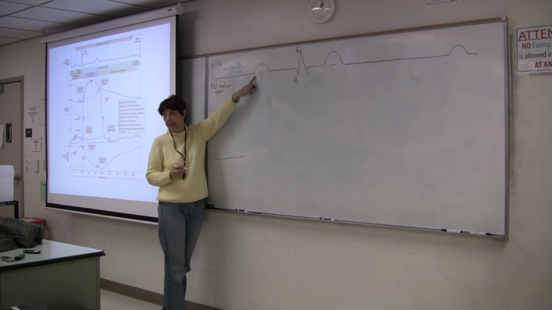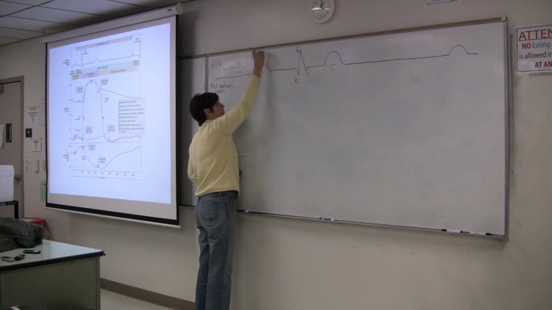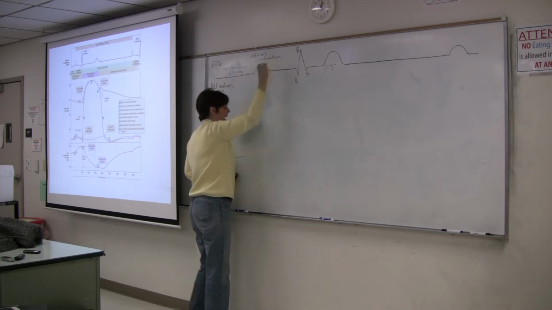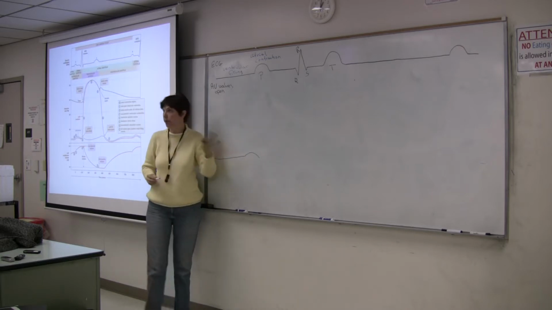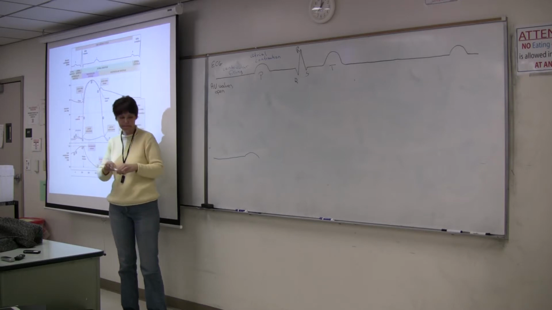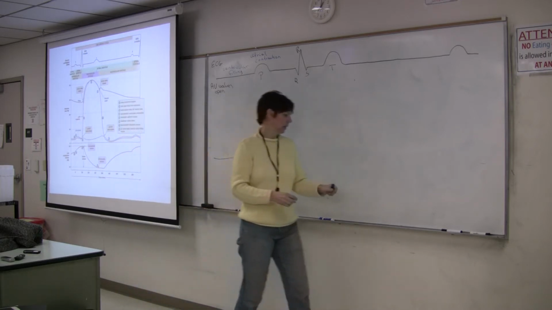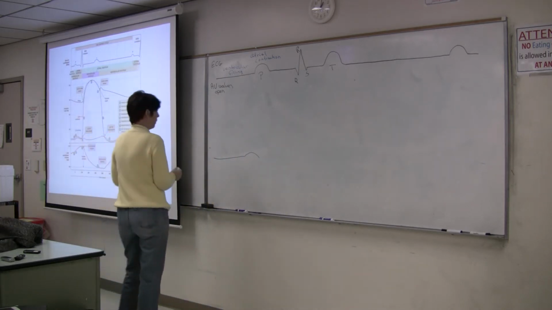Now, the SA node fires. The current enters the atrial contractile cells, and they contract. As a result, we have atrial contraction. And when that occurs, we see a slight rise in the atrial pressure because of the squeezing of the atrial walls. The ventricle, I'm going to use green for that one.